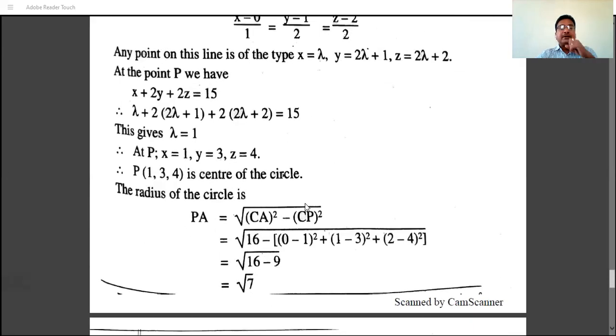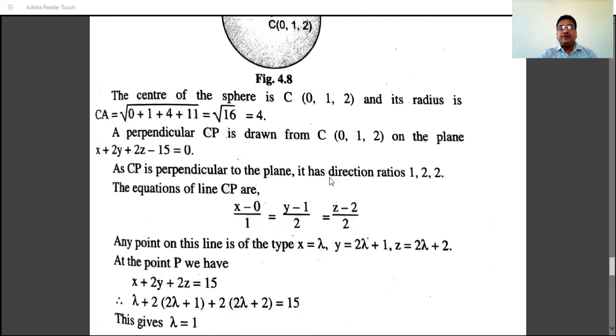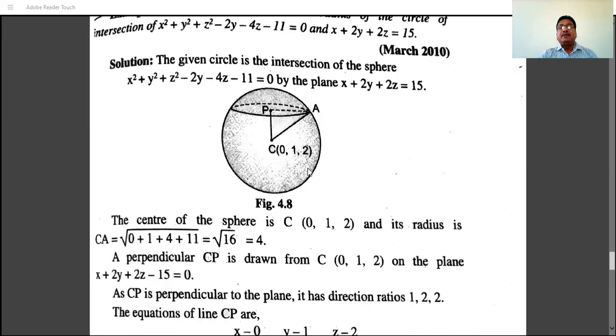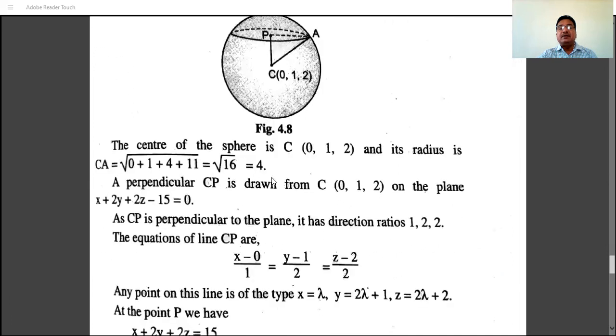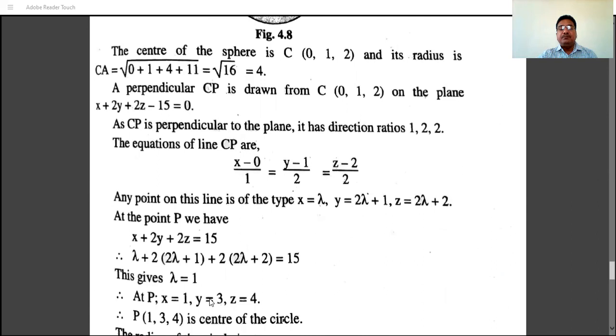And the radius of the circle is what? PA. This PA, by using the Pythagorean theorem, PAC is a right angle triangle. So it is root of CA² − CP². CA is the radius of the sphere, so its square is 16 minus CP². The coordinates of C and P are known. C is (0, 1, 2), and P is (1, 3, 4).